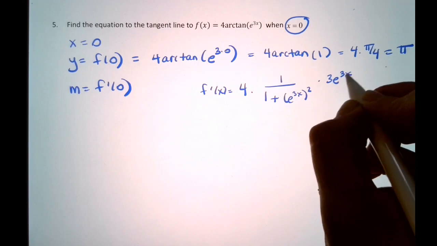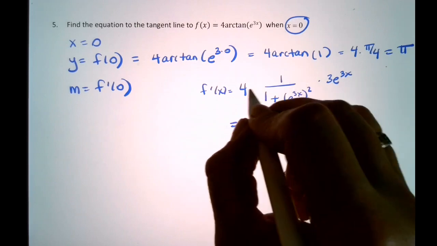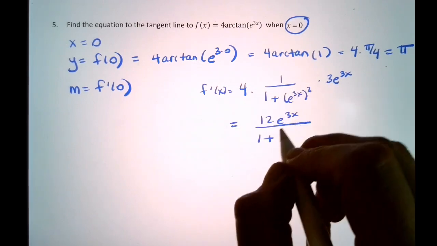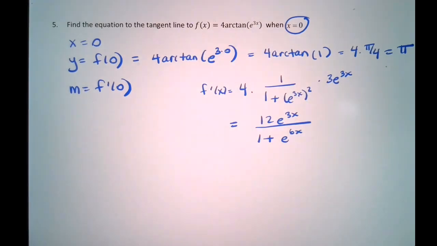The derivative of e to the 3x is e to the 3x times 3. That's a mouthful right there. Now, just for the sake of doing it, I'm going to kind of throw all this together. Let's talk about good mechanics. You multiply exponents in here. That's f prime of x.